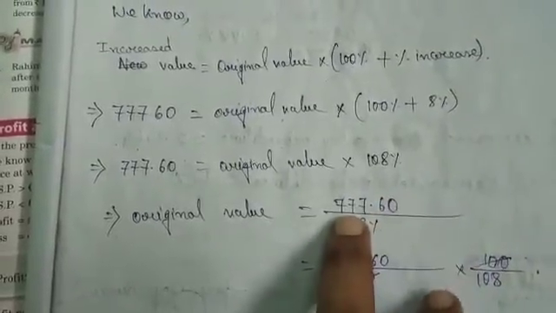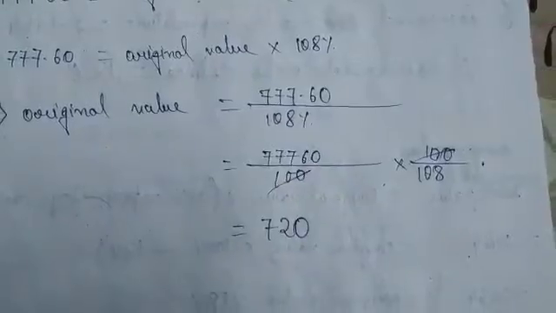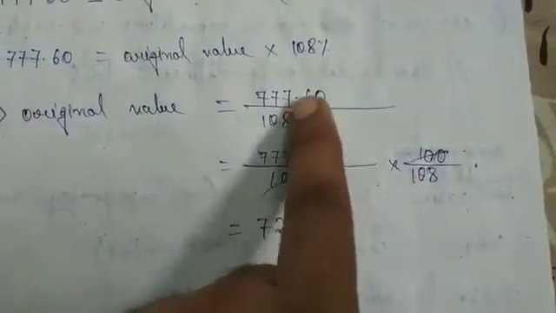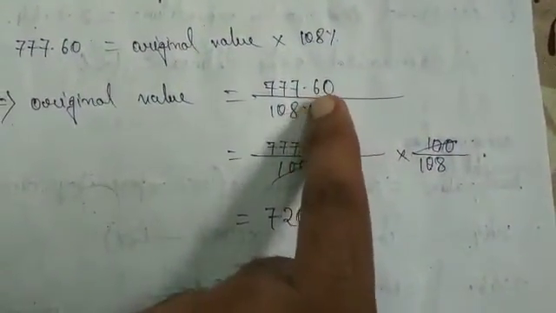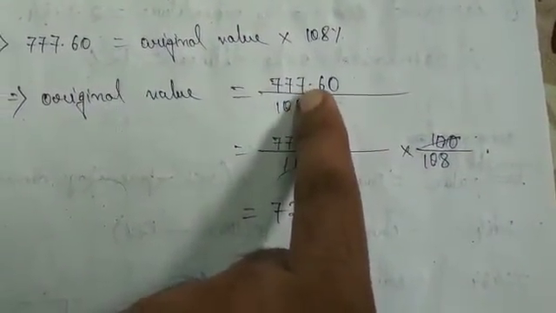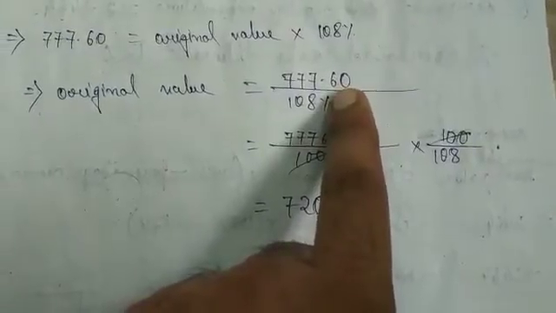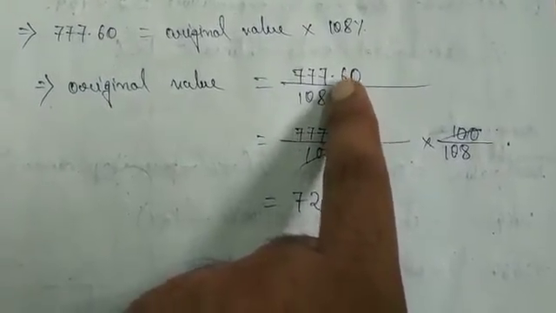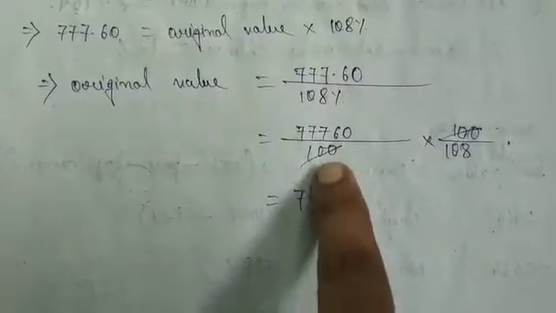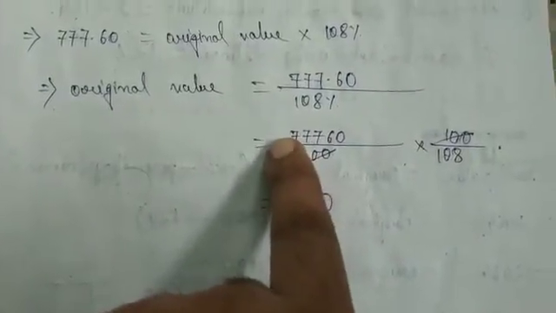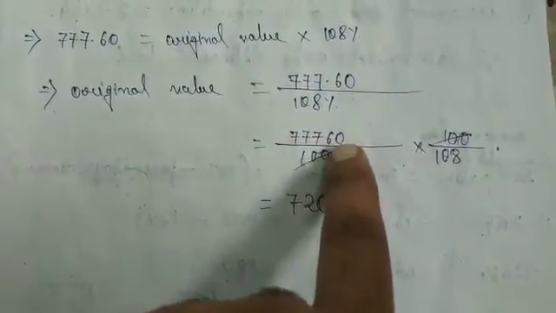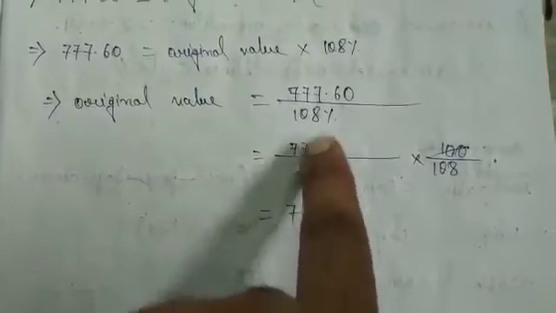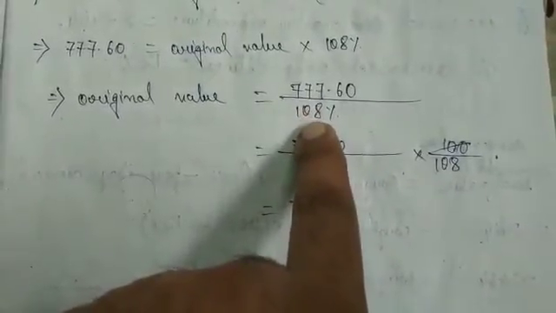In this step, since the decimal is after two places, I have written it as a fraction, so it becomes 77,760 divided by 100, and here 108%.